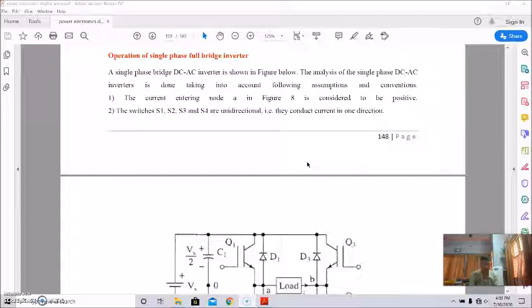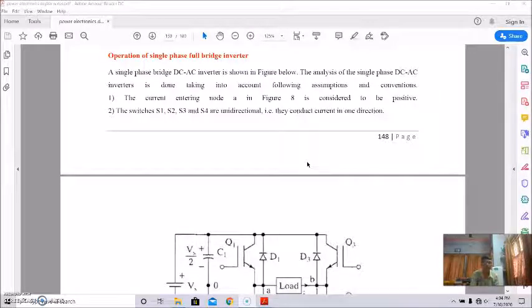Here S1 means Q1, S2 means Q2, S3 means Q3, and S4 means Q4. And for RL load, it will be D1, D2, then S1, S2, then again D3, D4, S3, S4, D1, D2, and S1, S2, D3, D4, and then S3, S4. This change of sequence is due to the presence of the inductance.